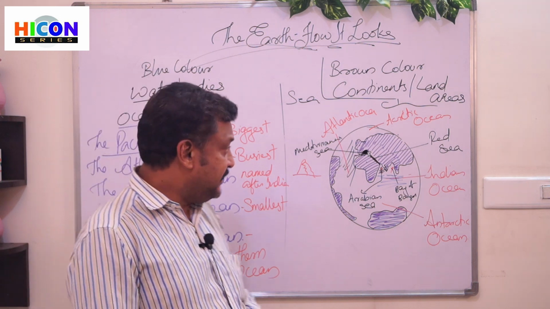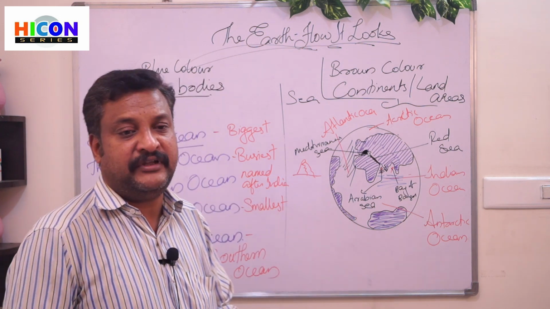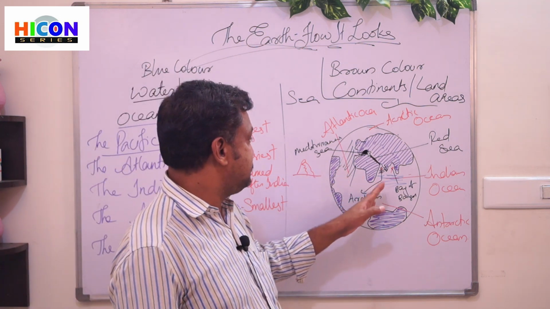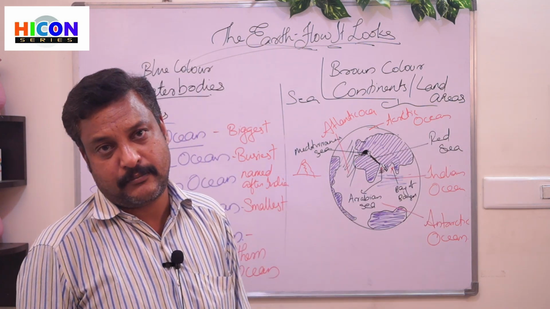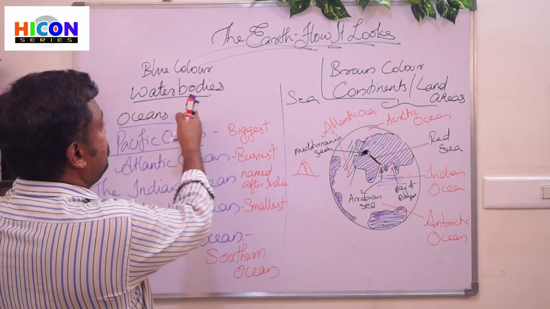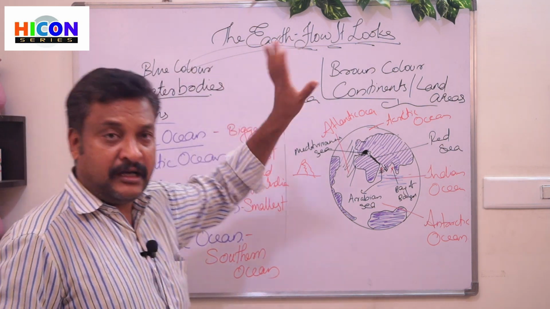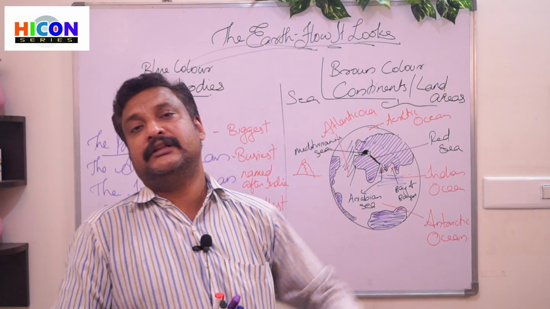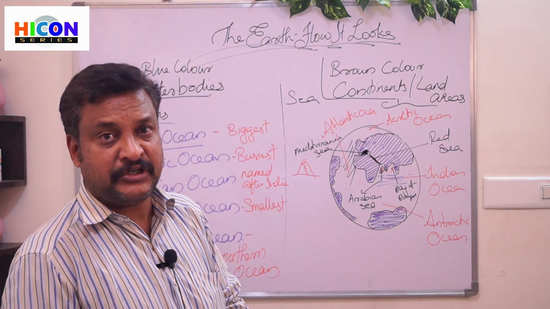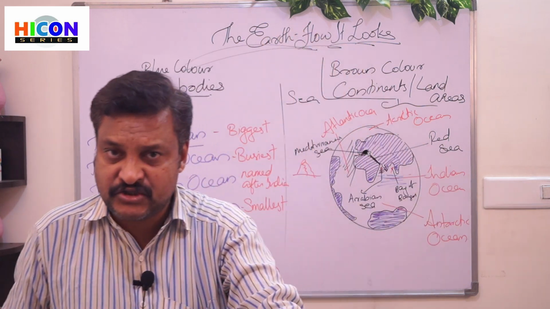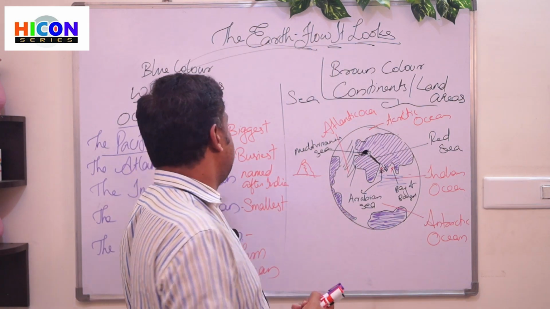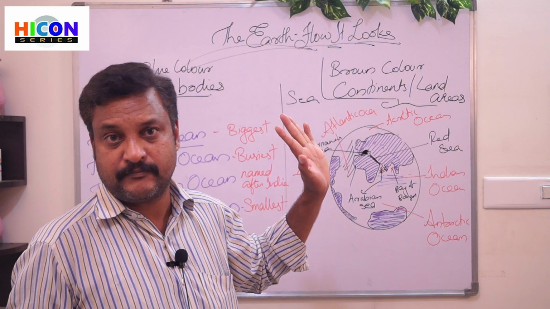The major seas are, for example, the Arabian Sea, Mediterranean Sea or Red Sea. Both oceans and seas are colored blue on the globe.